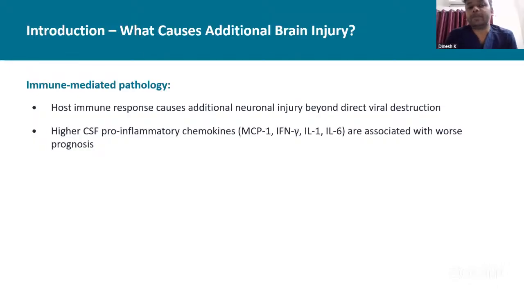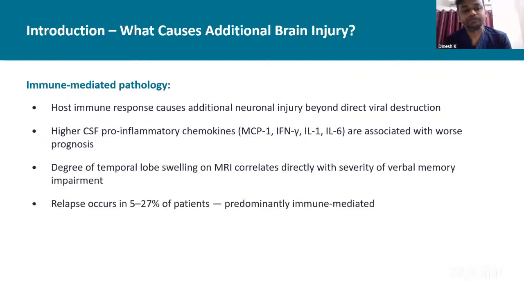What is the pathophysiology, or what causes the additional brain injuries? It is not only the direct viral-related destruction of the neurons. It is also the immune-mediated pathology that causes additional neuronal injury. Studies have shown that higher CSF pro-inflammatory chemokines are associated with worse outcome.